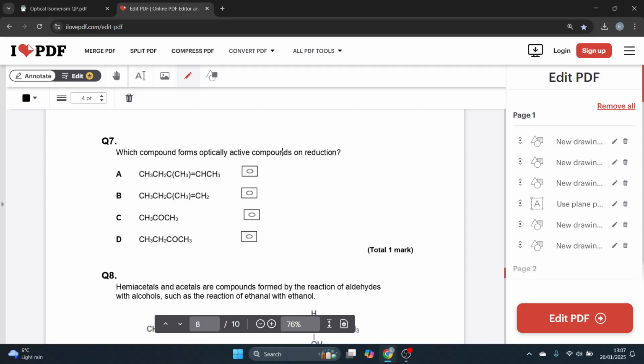Now, if I look at these compounds, I've got CH3, and CH3 double bond carbon CH3, carbon CH3 CH2 onto this carbon, I guess.